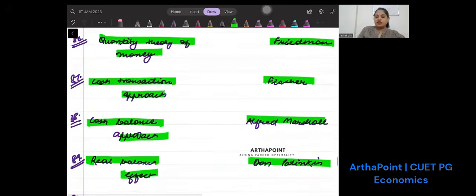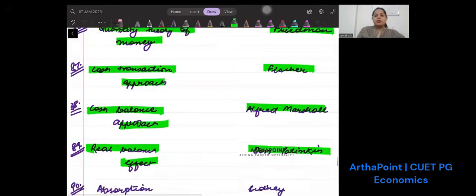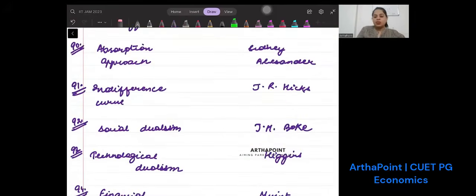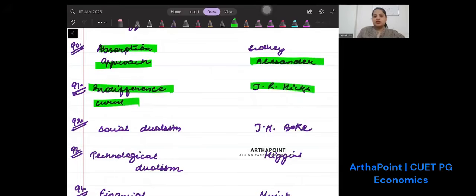These four can come and match the following. Absorption approach is given by Alexander. Indifference curve is given by J.R. Hicks. This is Sydney, Sydney Alexander.